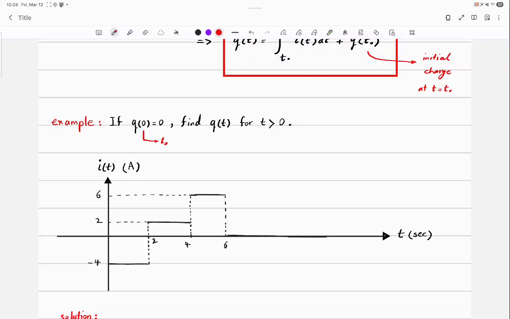So after 6 seconds, q is not a function of time, it's constant, which makes sense because current is 0.